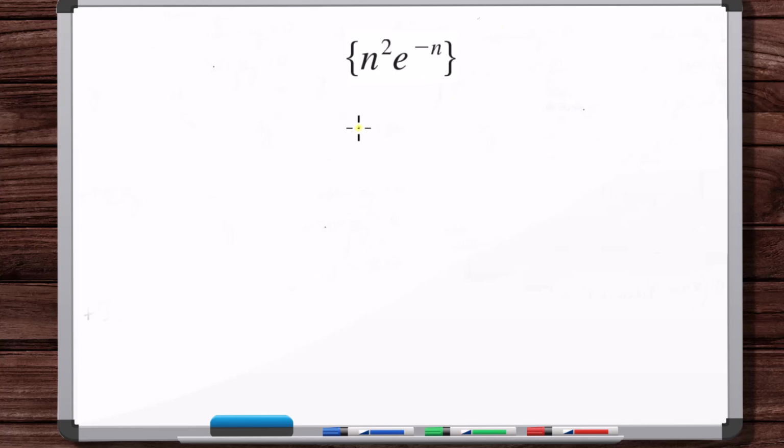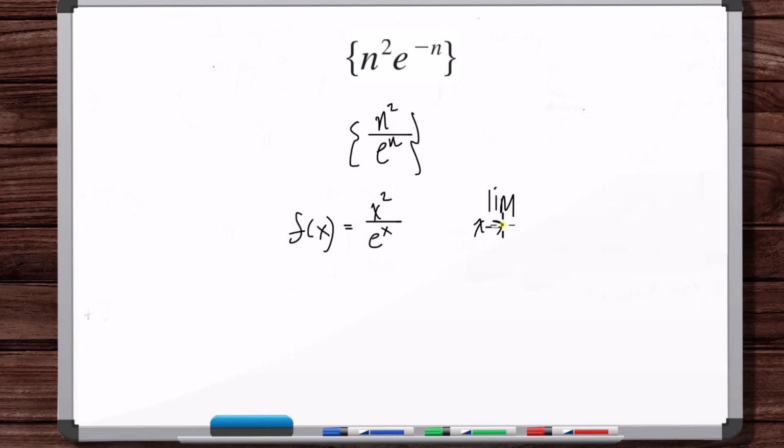Okay, so this we can rewrite. Now can we replace n with x? That shouldn't be a problem at all. As x goes to infinity, this is completely fine. So what is the limit as x goes to infinity of x squared over e to the x?